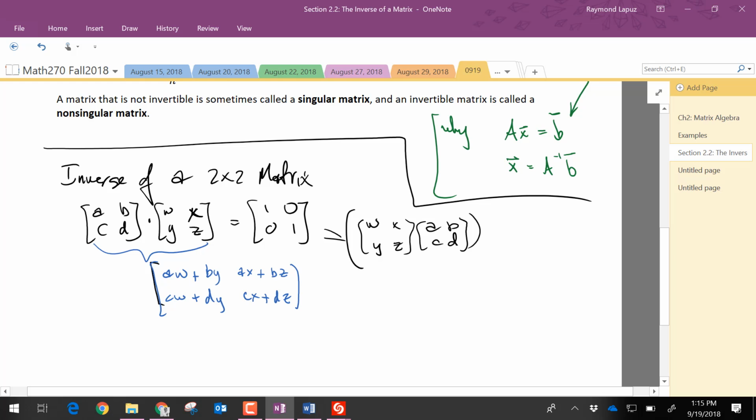Now we're interested in solving for W, X, Y, and Z, right? We're assuming that we know A, B, C, and D. And we want this to be equal to the identity matrix, which means the first component has to equal a 1.